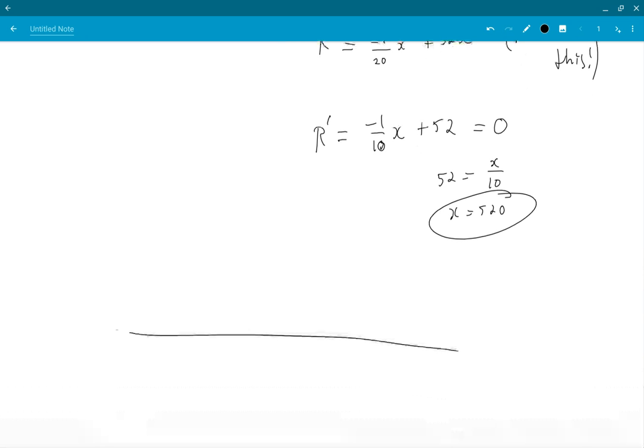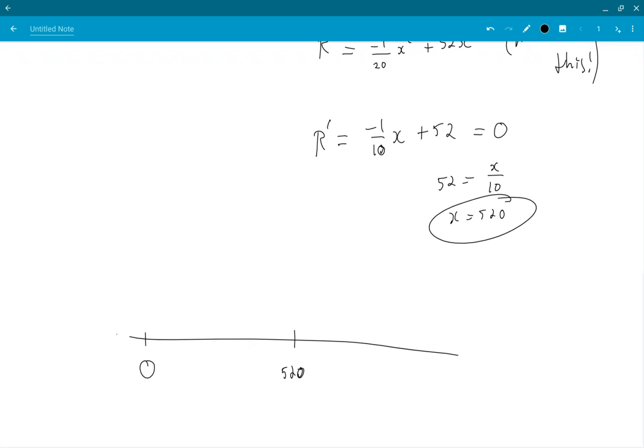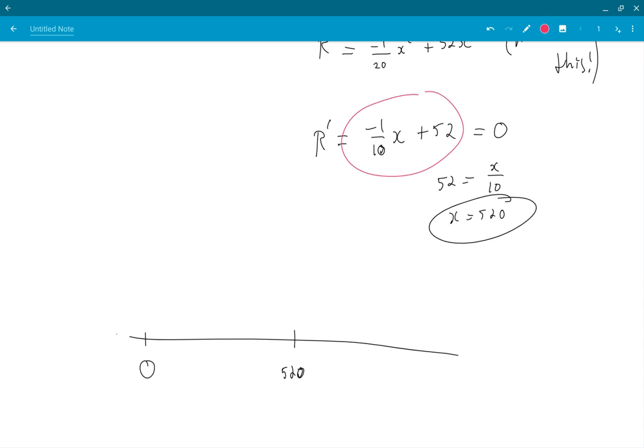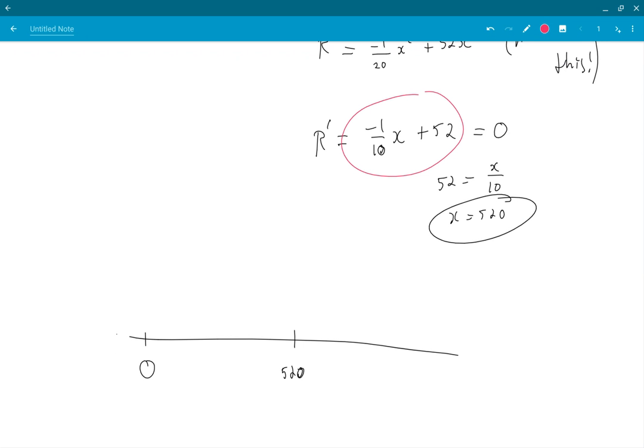This appears to be our answer, but it's good to check that. So I have 0, then I have my 520. Looking at the derivative of my revenue function, r prime, if I go bigger than 520, I have minus.